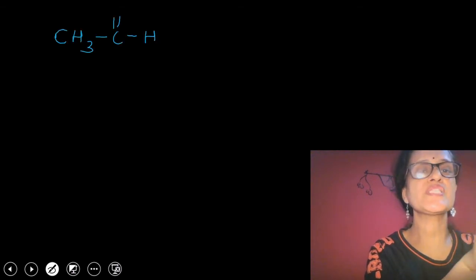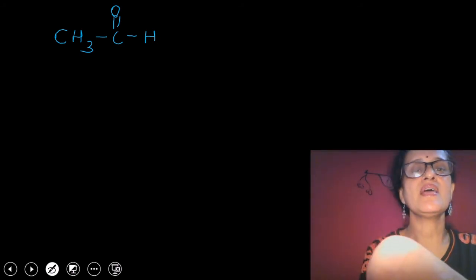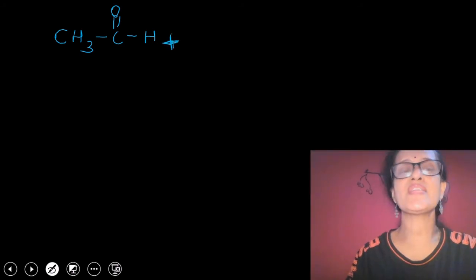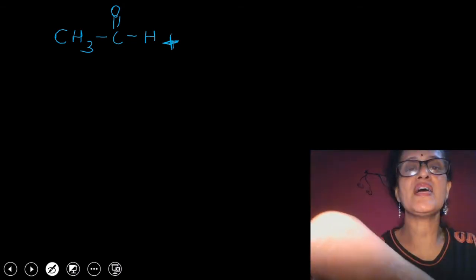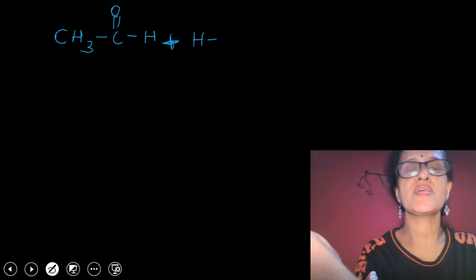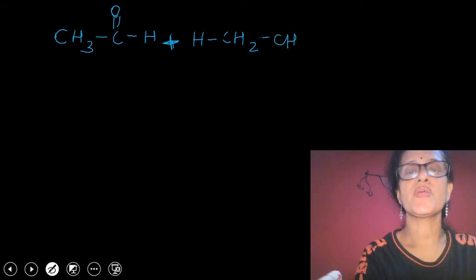So first we will consider the reaction between ethanol and ethanol. So this is the first molecule of ethanol, and the second molecule, as I have told you, we will write in such a way that the alpha hydrogen atom is clearly shown here. So I am writing the second molecule of ethanol in this way, HCH2CHO.